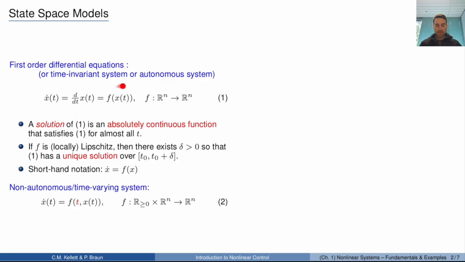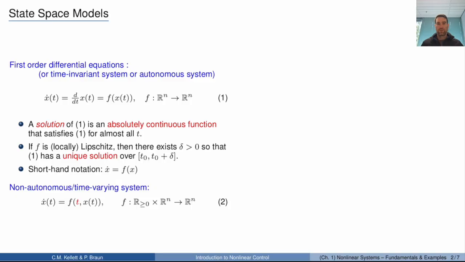And on the right hand side we have a function depending on that state x, and for matching dimensions f needs to be a function from Rn to Rn, where n denotes the dimension of the state.